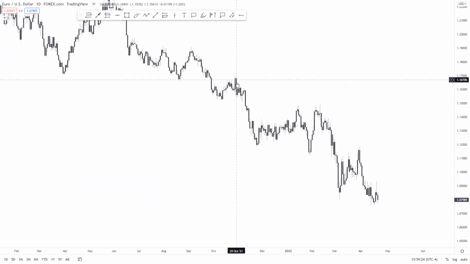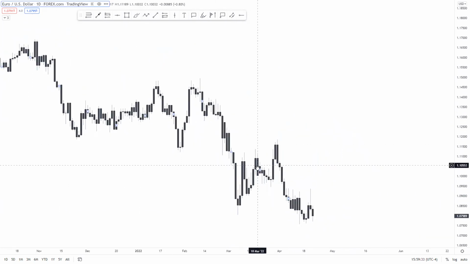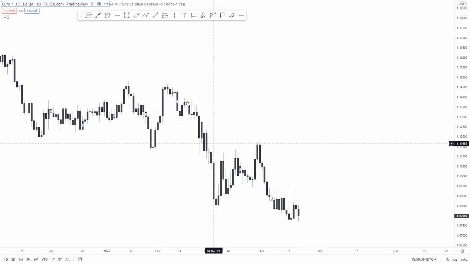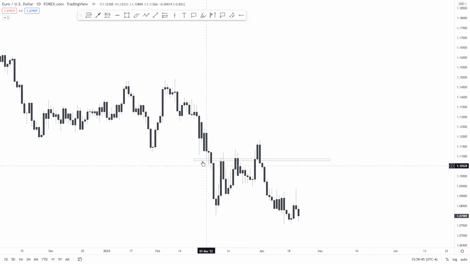You can see we had a leg, a pullback, a leg, a pullback, a leg, a pullback, a leg, a pullback, and a new leg. So we really shouldn't trade above this here. Buy to sell area that price had a hard time breaking above.